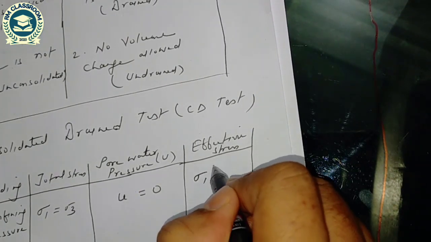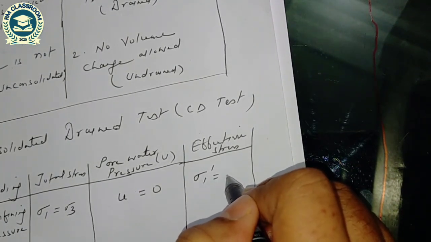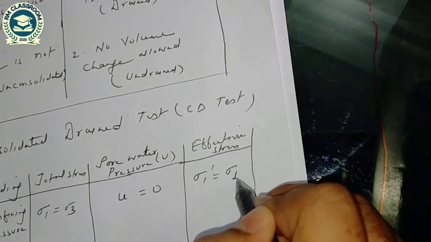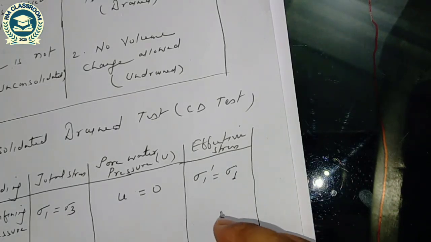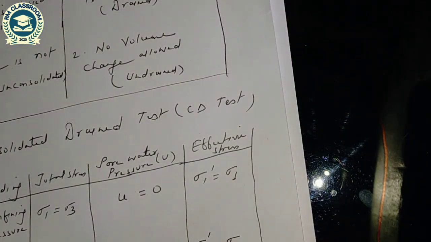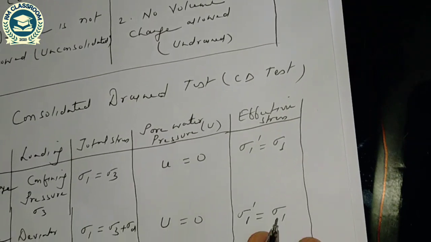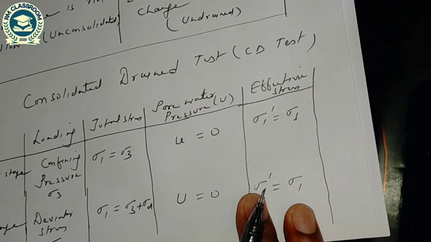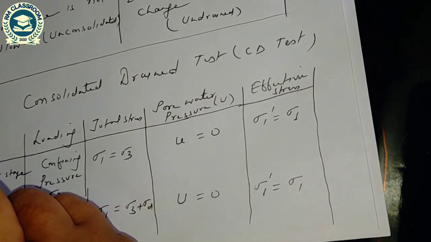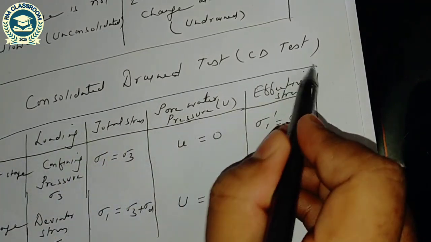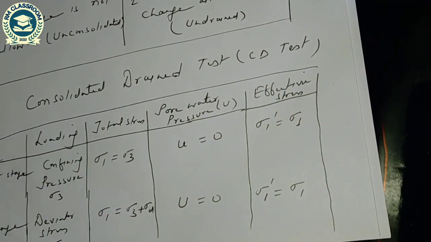Sigma 1 dash is equal to sigma 1, and sigma 3 dash is equal to sigma 3, because there is no pore water pressure. So in terms of total stress we can see these are our possibilities in the consolidated drained test.